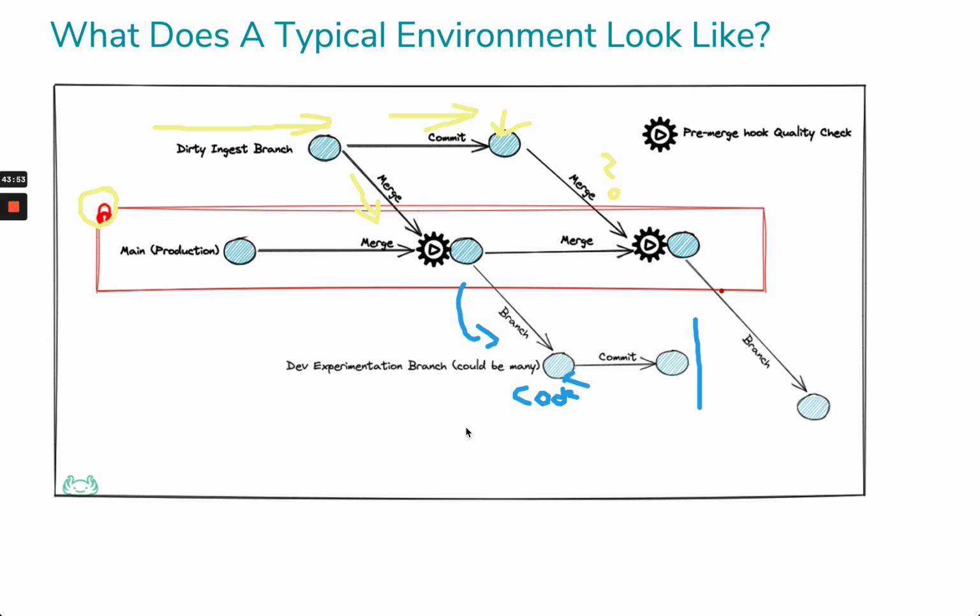And then I commit, I do all the other things that I do. But here, this is very clear. No one trespasses this line, essentially. This is where it ends. This is where I have a go, no go for my code. So this is my developer experimentation branch, or if you will, machine learning, data scientist experimentation branch, BI analytics experimentation branch, and so on. So this is one typical look at the environment.